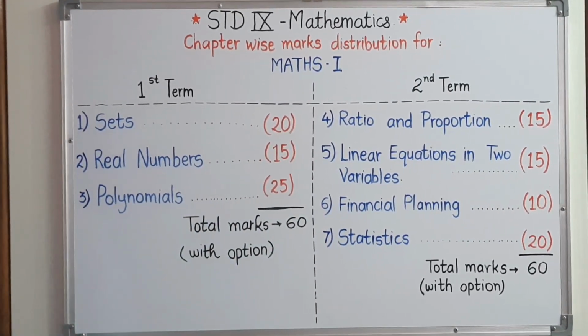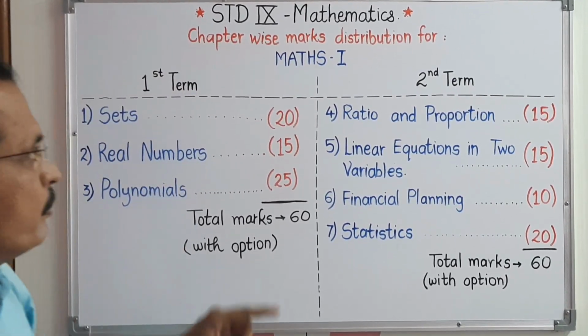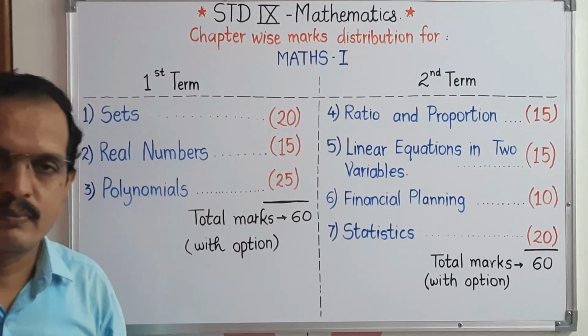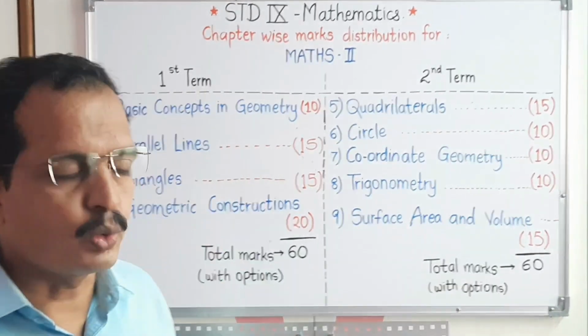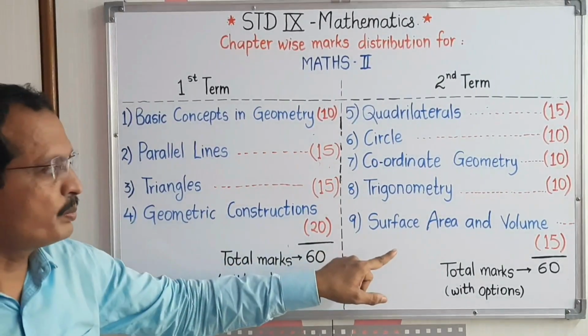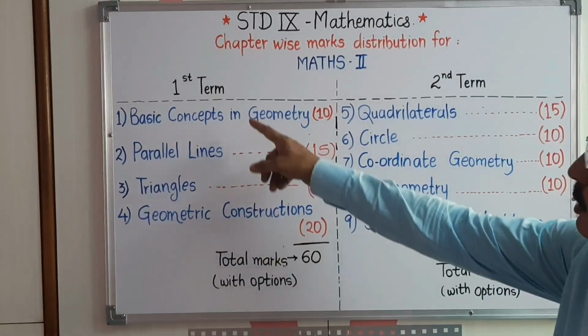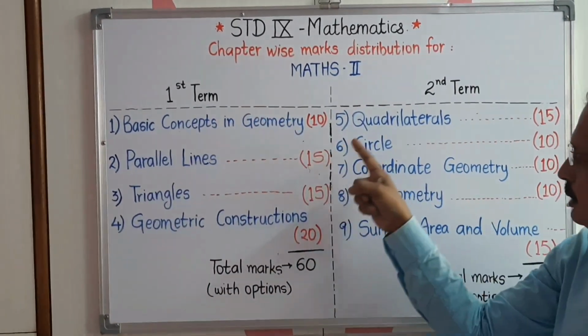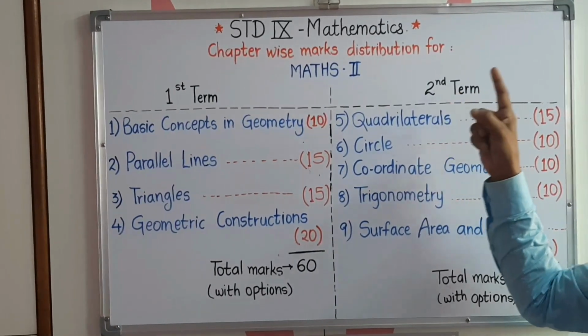Dear students, now we have to see the chapter-wise distribution for Maths 2. There are a total of 9 chapters in Maths 2. Out of these 9 chapters, 4 chapters are for the first term and the remaining 5 chapters are for the second term.